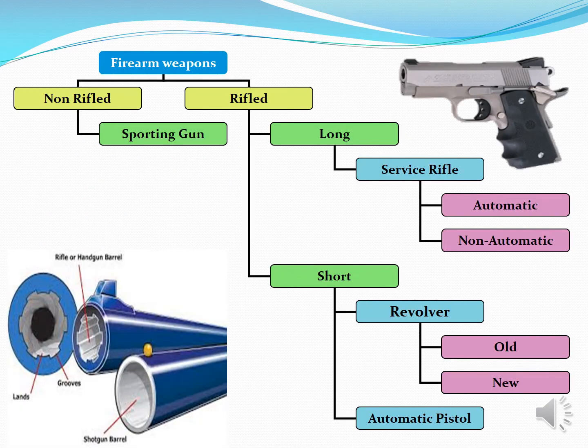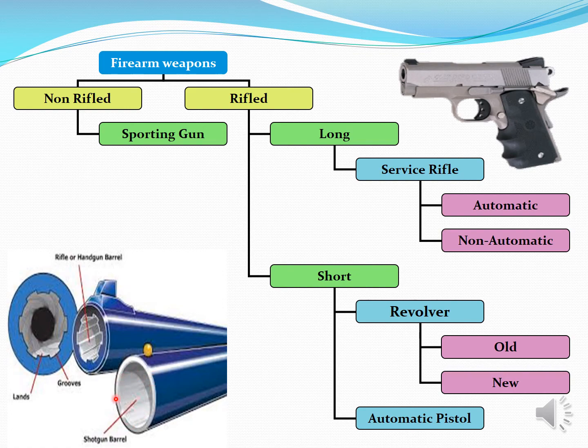What are the types of firearm weapons? You must listen to the firearm lecture to understand this classification. The firearm weapons are classified into two main types: non-rifled weapon and rifled weapon.